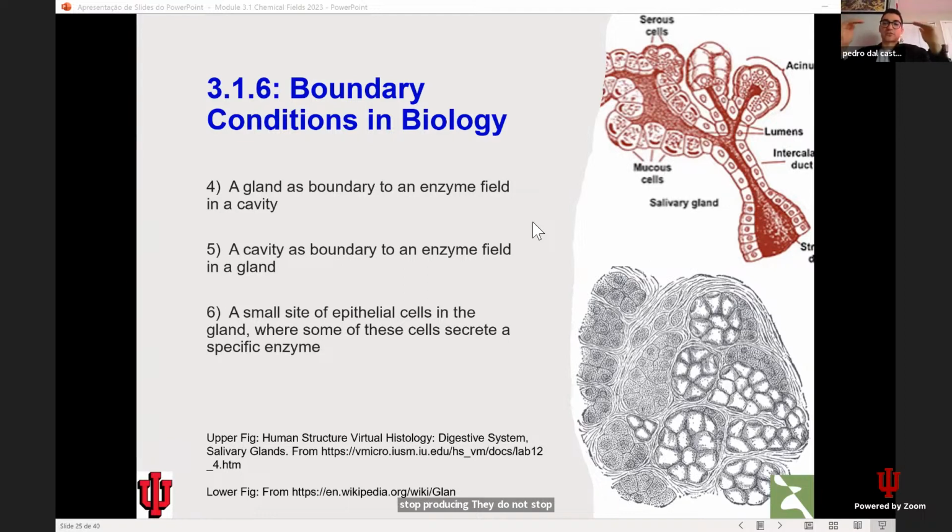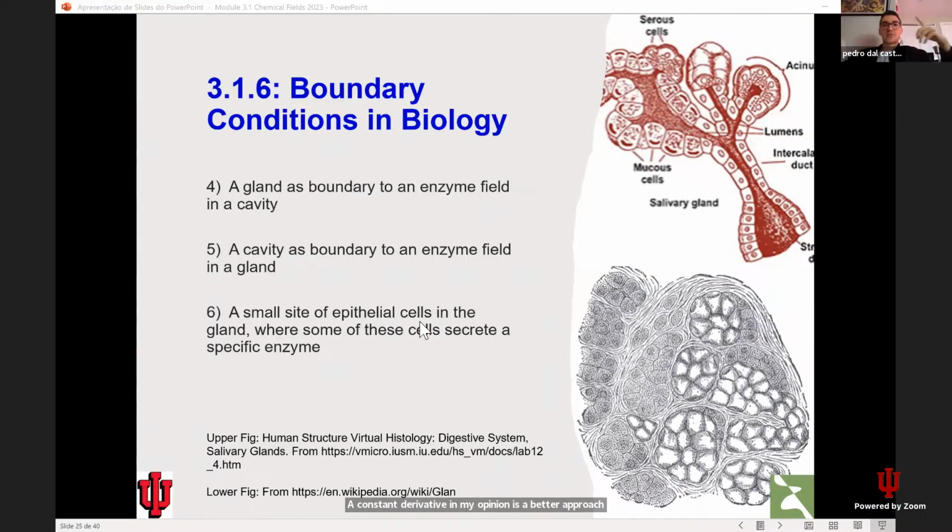If it was constant concentration, the cavity would reach this constant concentration and it would hold constant. But that is not the case. The gland keeps producing enzymes. Obviously, it depends on the case, but at a first approximation, a constant derivative, in my opinion, is a better approach.